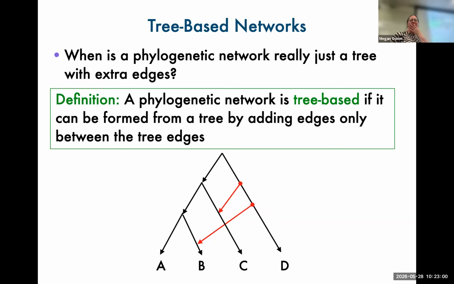In the literature on these tree-based networks, everyone is always given the networks. No one ever tries to build them up. I actually don't think there are any algorithms for trying to build these networks from DNA data. I think people are just looking at them, because this whole area is pretty active.